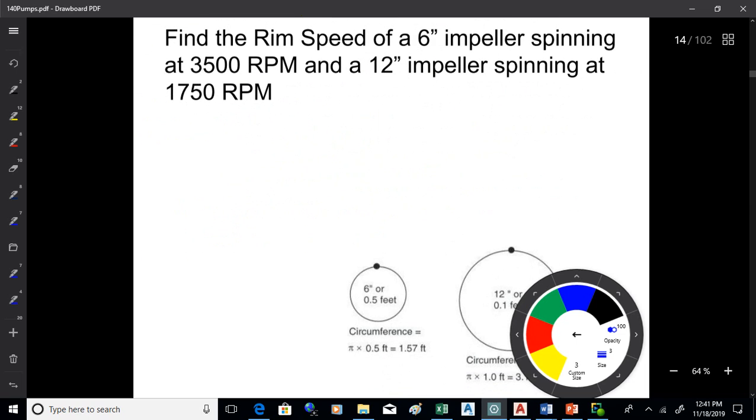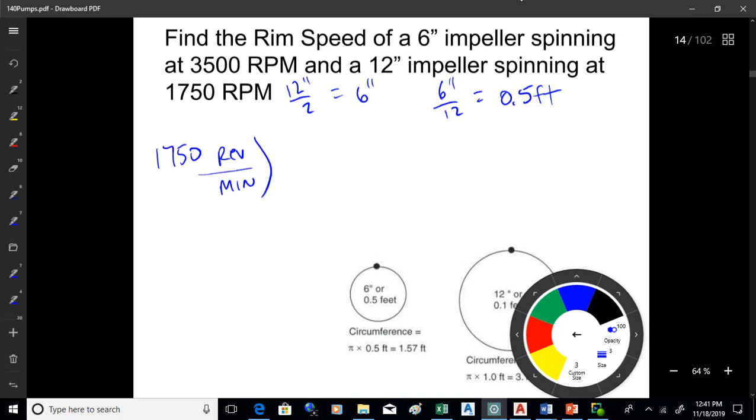Now we could do the same thing for a 12-inch impeller. So 12 inches over 2 will get you 6 inches. 6 inches over 12 gets you half a foot for the radius. So if we have 1750 revolutions per minute, and we know that 1 revolution gets us 2 times pi times the radius, which is 0.5 feet, I guess I'm dividing by 2, then multiplying by 2.